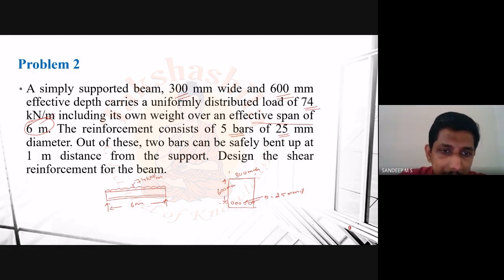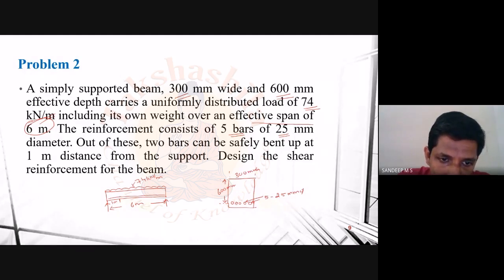Now let's move on to the next line. Out of these 5 reinforcement bars, 2 bars can be safely bent up at 1 meter distance from the support. So this is another condition, that is at a distance of 1 meter from this support. Suppose we are moving and reaching a distance of 1 meter, we can easily bend up 2 bars out of these 5 bars.